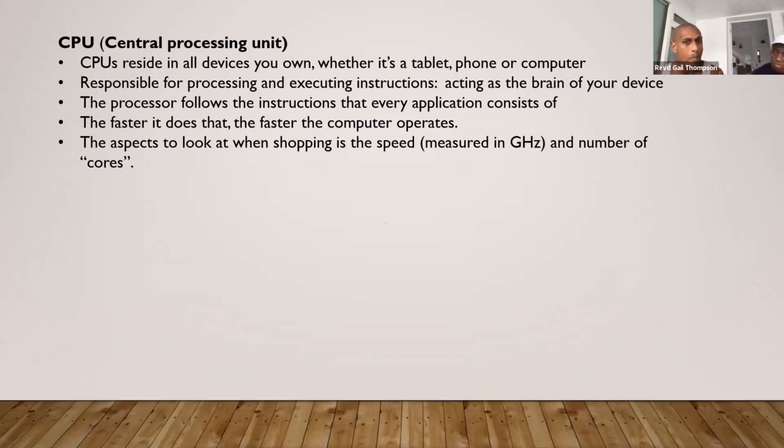So it's almost as simple as looking at how high that number is, except that processor technology has now reached a stage where they're improving speed, not by just sheer speed of a processor as such, but by the number of processors that are working together within the overall CPU. And so these are referred to as cores.